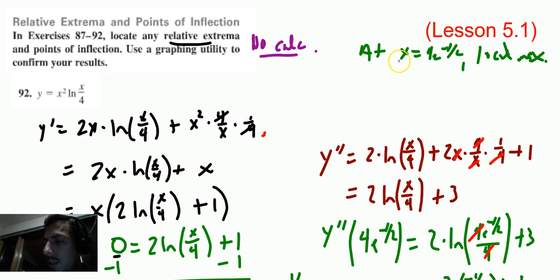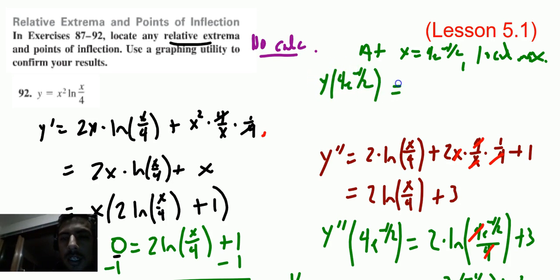And 4e to the negative 1/2 plugged in is going to undoubtedly look ugly. It's going to be 16e to the negative 1 times, again, we're going to plug in 4e to the negative 1/2 here, and the 4's are going to cancel, and we'll just get times negative 1/2, which is going to be negative 8e to the negative 1.